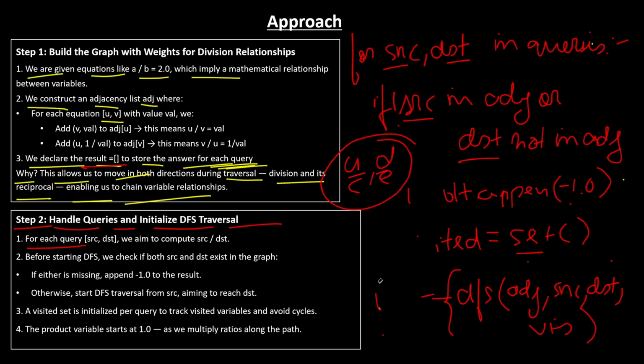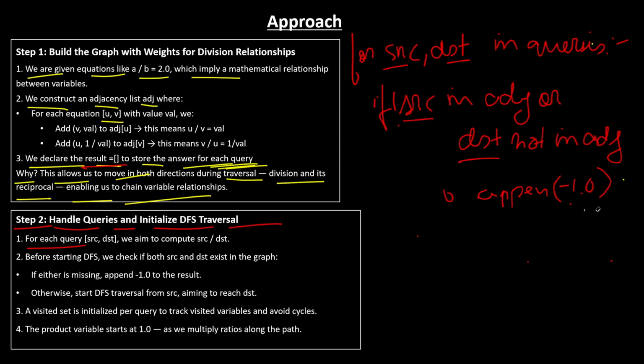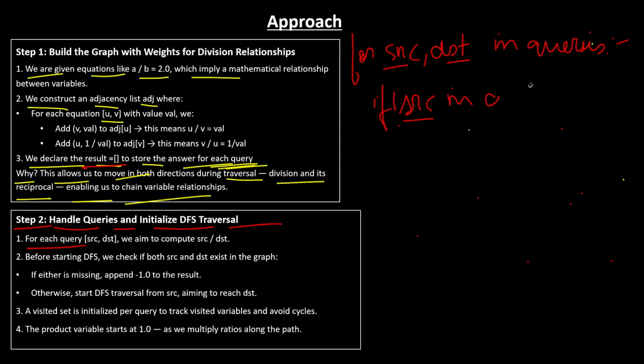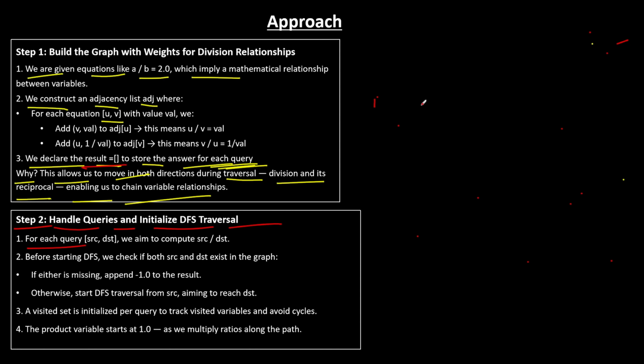Also, keep in mind that we have used a set for the visited list. We could also use a list, but we used a set so that the values tend to be unique. Also, the adjacency list will be created in a slightly different way this time. It will be adjacency equals defaultdict of list.